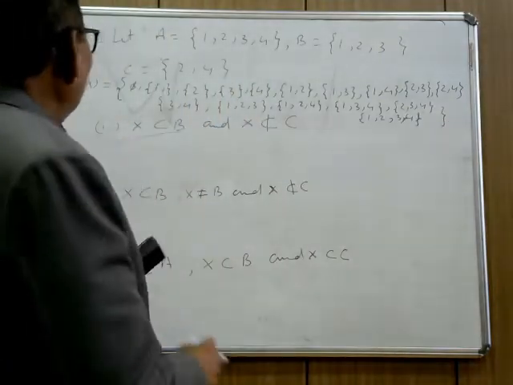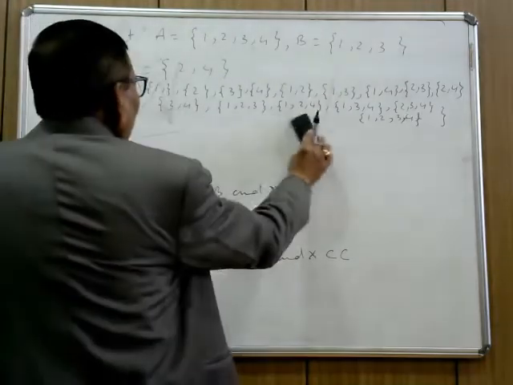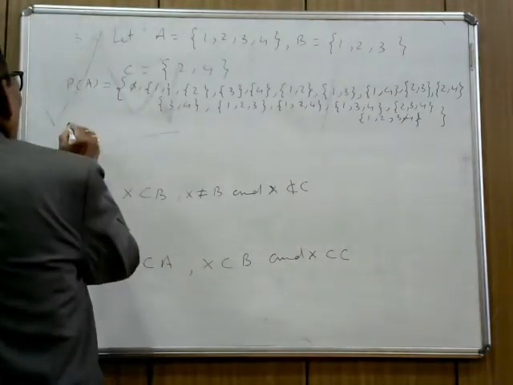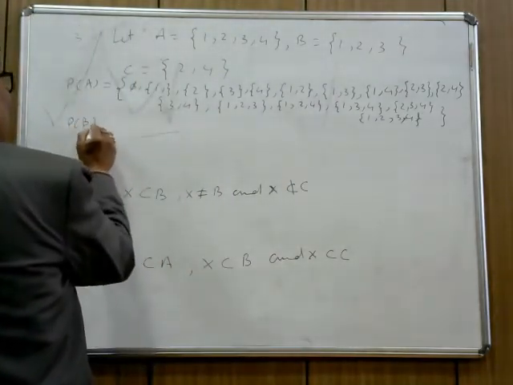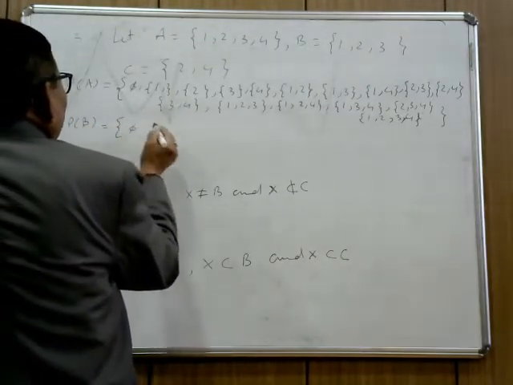Now you write the power set of B, that is the null set.